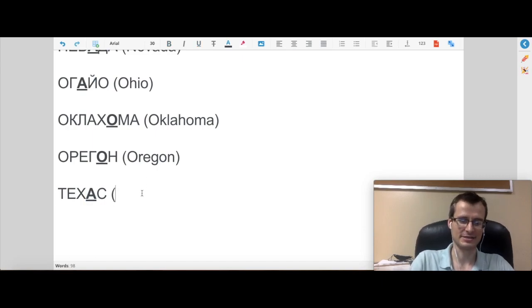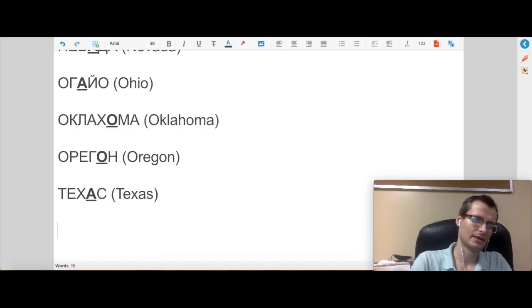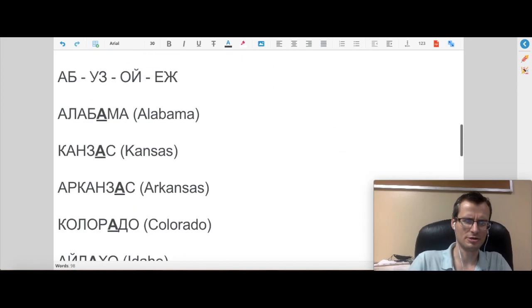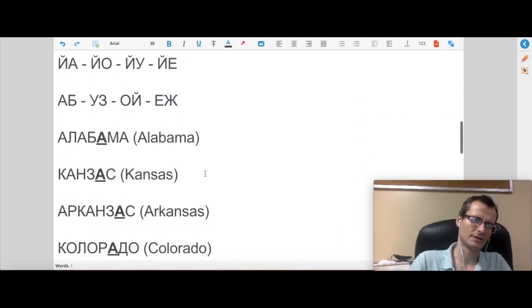Of course, it's Texas, but the way we pronounce it in Russian is Texas. Okay. And one more state was actually Vermont, but we already read it. It was right here, Vermont, right?